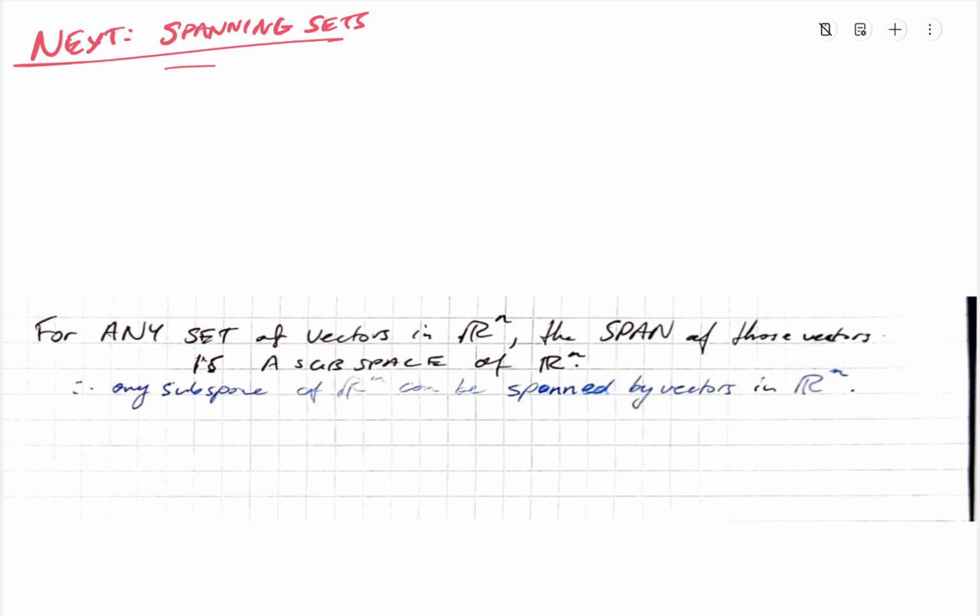That set forms a subspace because it's a subset of Rn, and Rn is a vector space, so it will be a subspace of Rn. Any subspace of Rn can be spanned by vectors in Rn.